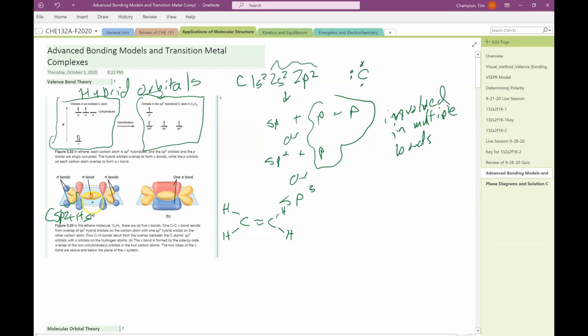And then right here in the middle, we have the 2 sp2 orbitals interacting, and we call that a sigma bond, symbolized by that lowercase sigma there. And then the 2 p orbitals that are left over interact and form a pi bond that has this above and below representation there. So that's a pi bond.